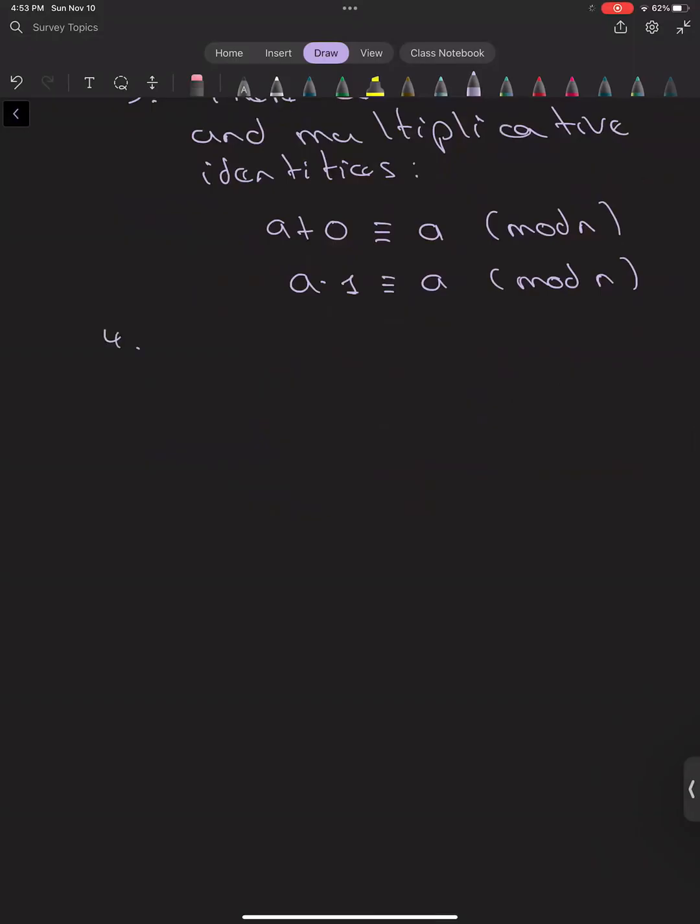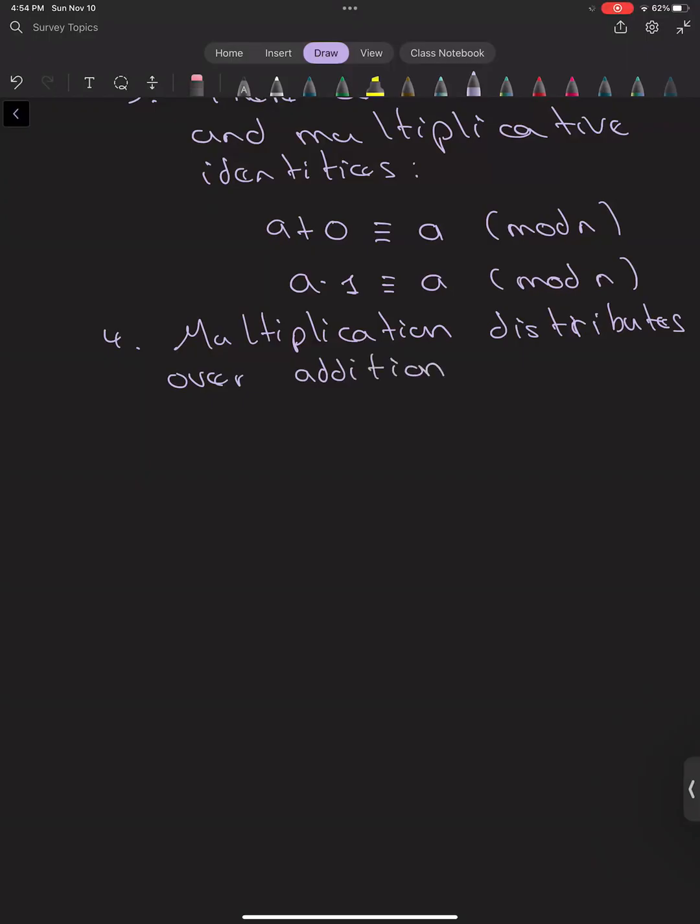Number 4, multiplication distributes over addition. So what does it mean?